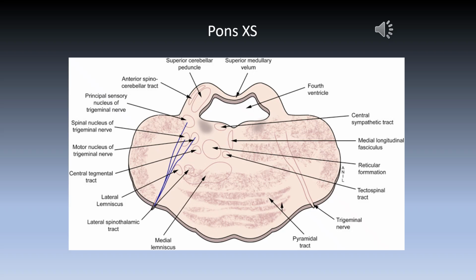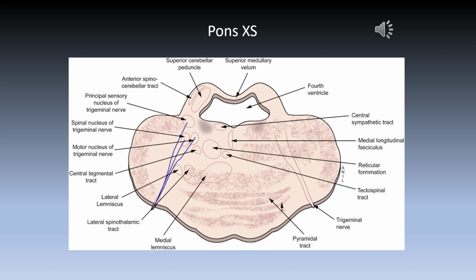The fibers in the superior cerebellar peduncle actually go up to the midbrain. So this is a little bit misleading to show it here with the pons. More likely you would see the middle cerebellar peduncle attaching the pons to the cerebellum. The superior cerebellar peduncle connects the cerebellum to the midbrain. Okay, there is our fourth ventricle coming down, cerebrospinal fluid within that.